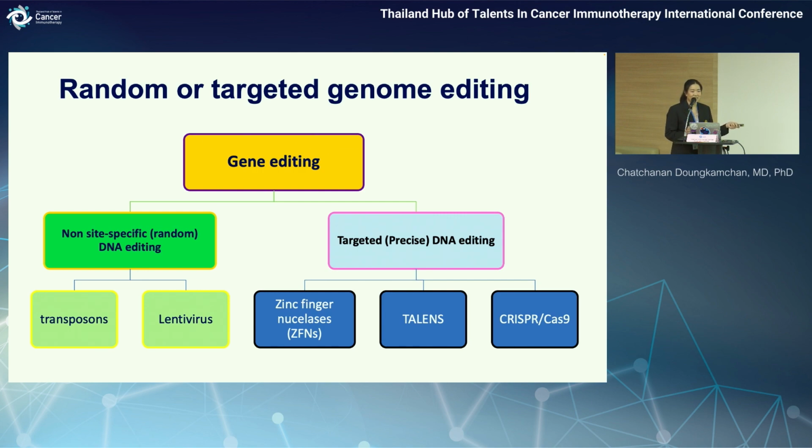It may not be entirely random, but it's non-site-specific DNA editing. But this group of technologies allows us to perform targeted DNA editing, meaning that we can direct the endonuclease at a specific site on the genome. And these technologies are, for example, these three.